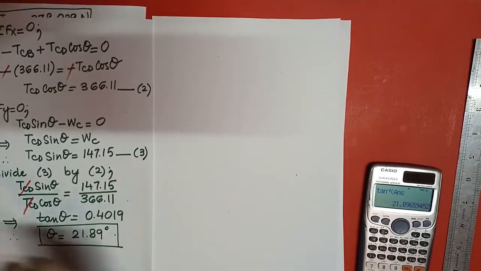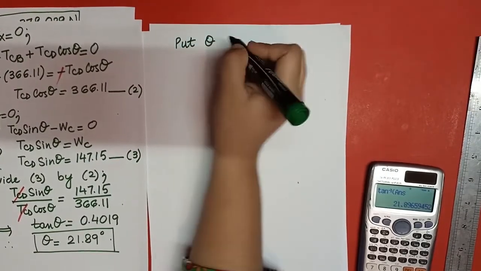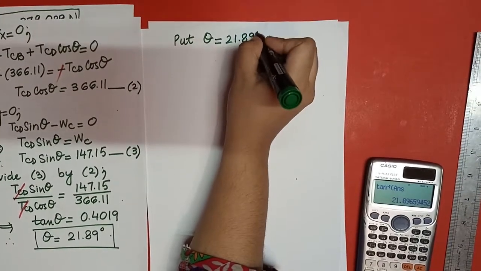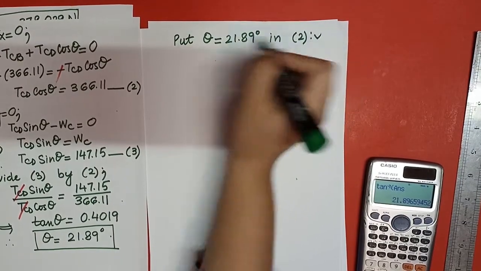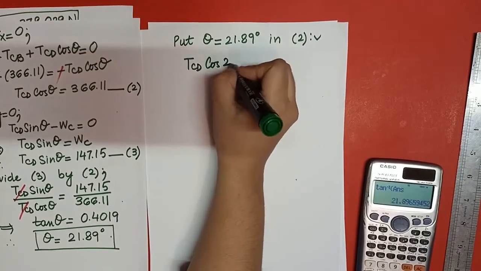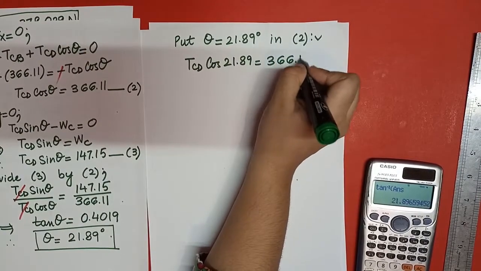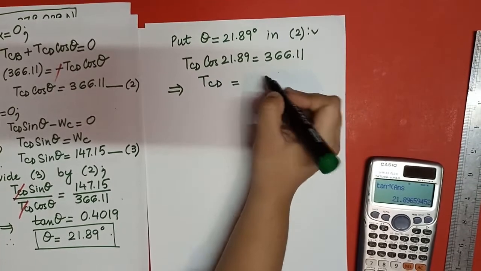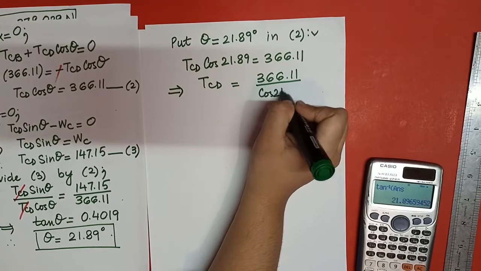Whatever equation you want to take, it's up to you, 2 or 3. I am taking equation number 2: TCD cos 21.89 is equal to 366.11. So TCD is equal to 366.11 divided by cos of 21.89.